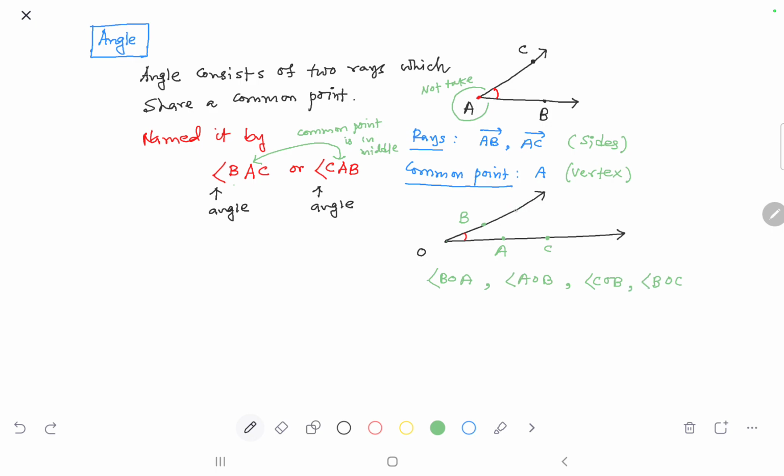So here if you put another point on this top ray, let's say point M, then you can put more names. MOC, you can put MOA. So the thing that we maintain here is just the vertex; we have to take it in the middle. This is the vertex that we never mistake. The vertex is fixed. Only the other points we can change.